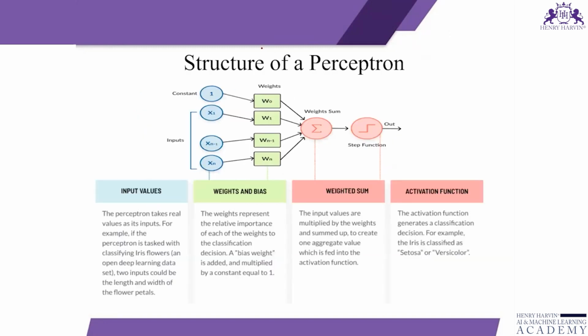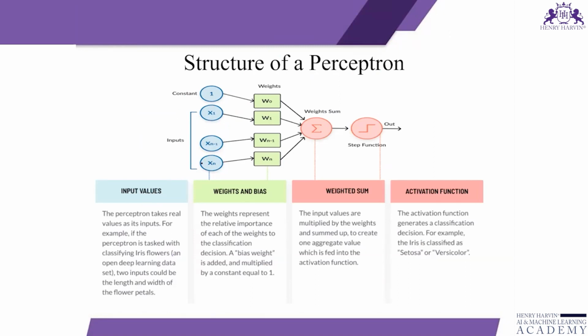Now let us try to understand the structure of a perceptron. This is really important to understand. When you have basic knowledge of machine learning, this is going to be really easy for you. Now look at this. You can see x1, x2, x3, x4 up to xn.